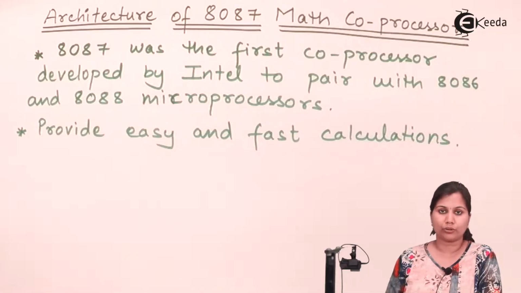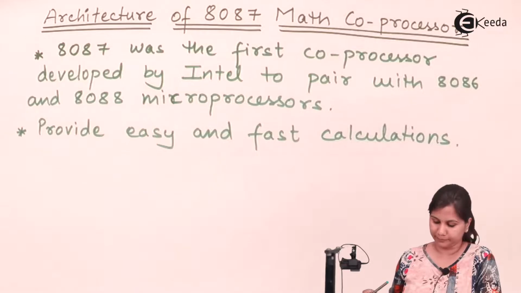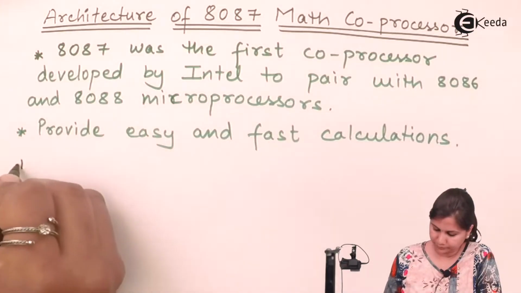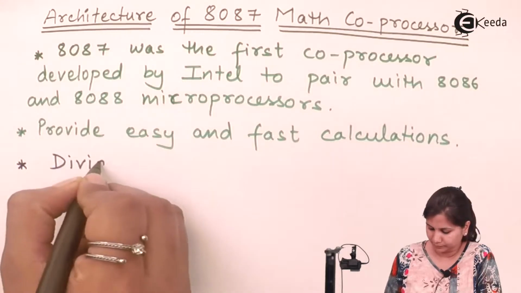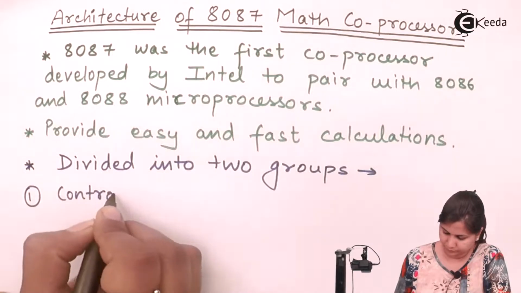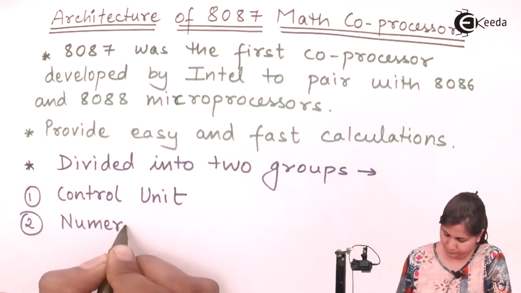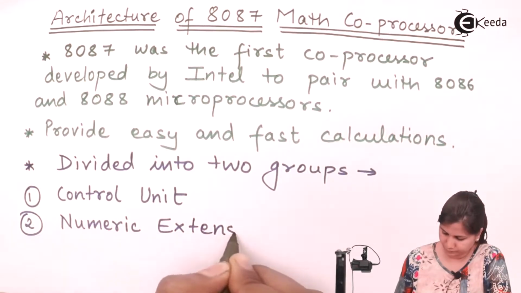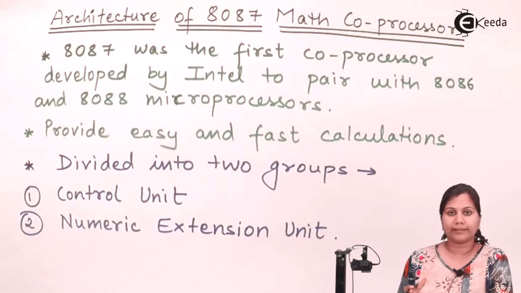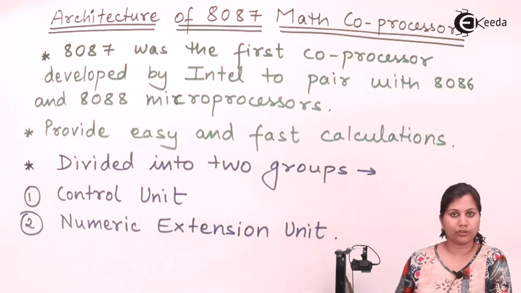One is the control unit and the other is the numeric extension unit. So the block diagram is divided in two groups, control unit and numeric extension unit.